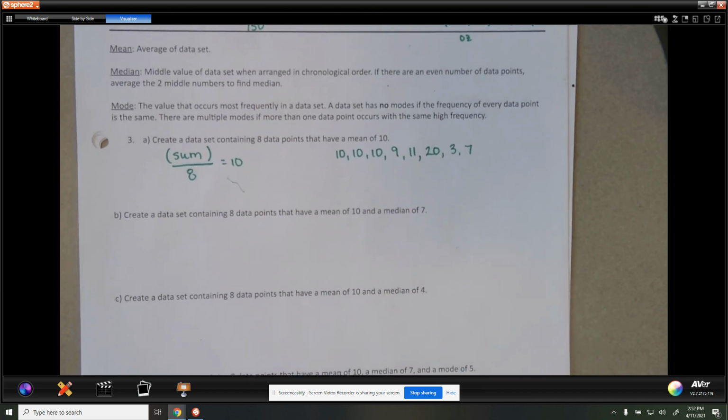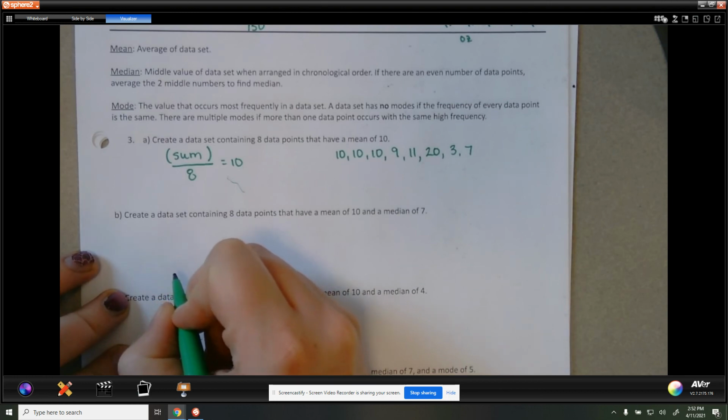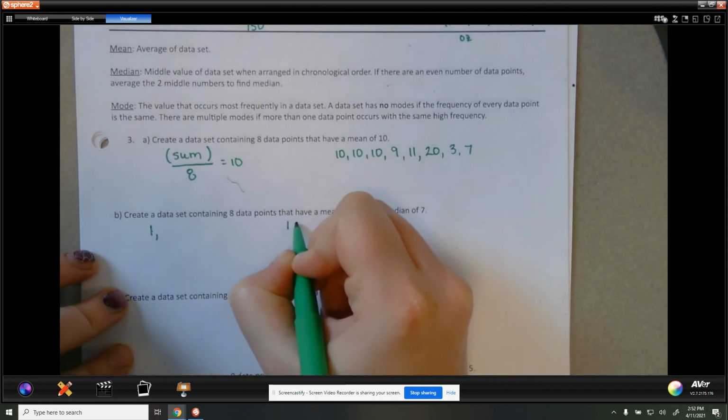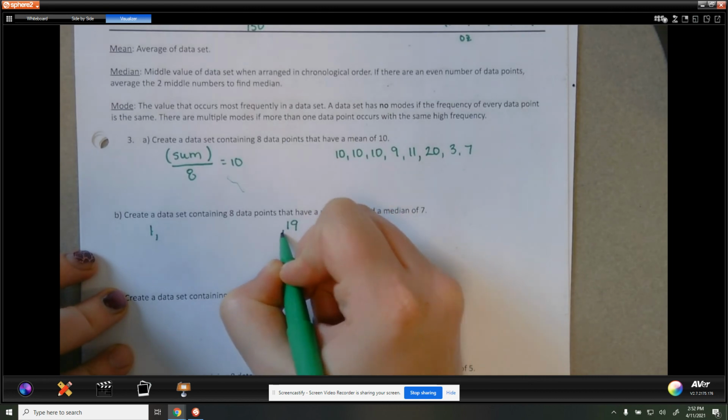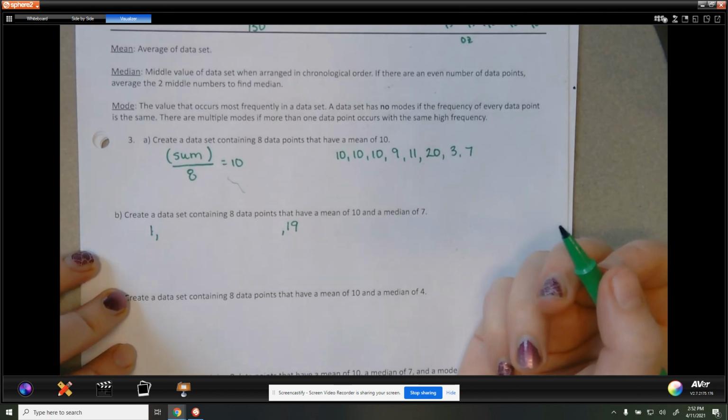Then we're going to create a data set of 8 points that have a mean of 10 and a median of 7. All right, so let's see. I need some low ones and some high ones. So let's say we've got 1 and 19. Okay, so there's 20 right there.